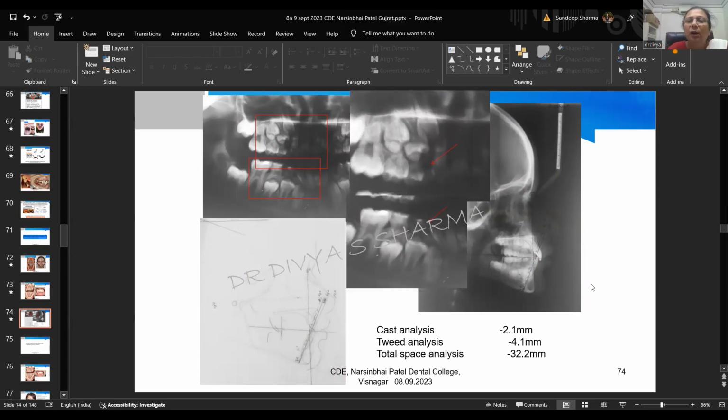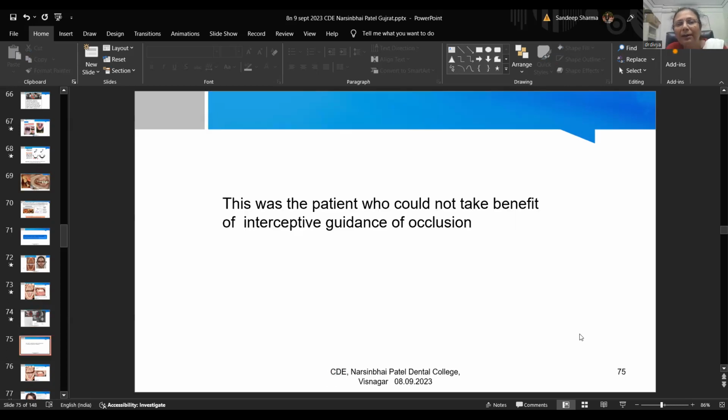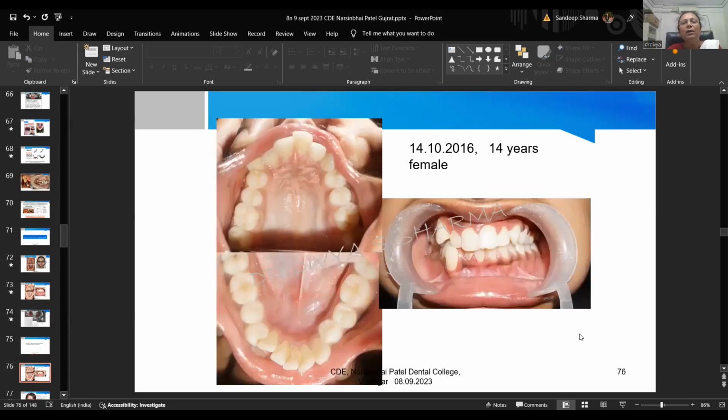Because of the crowding, I was going for serial extraction. The patient did not come and later became my study material. So this was the patient who could not take benefit of interceptive guidance of occlusion by the extraction or non-extraction approach, and this has happened. There is an ectopic eruption of the canine.